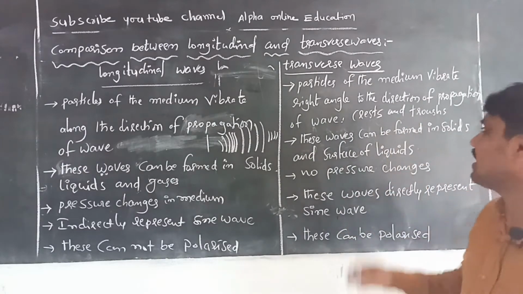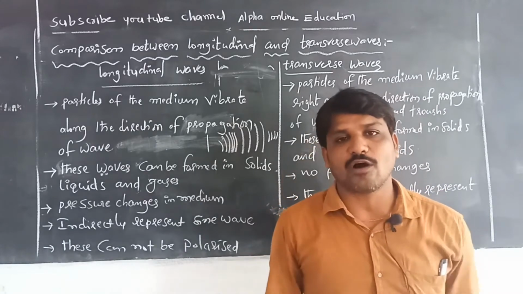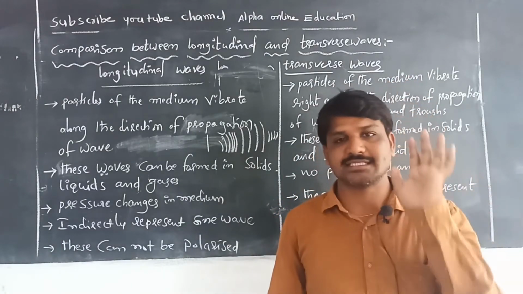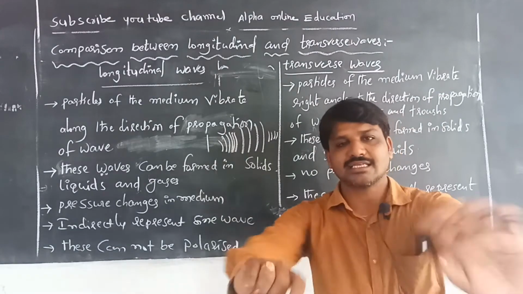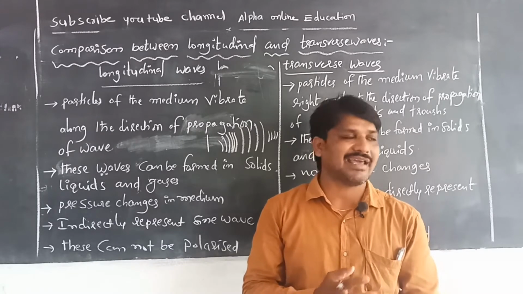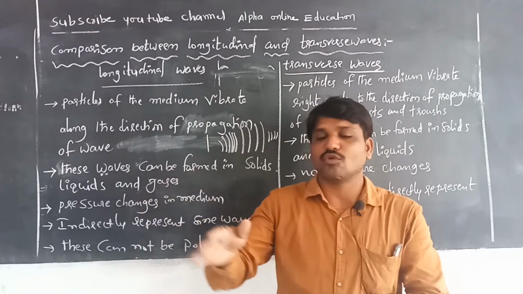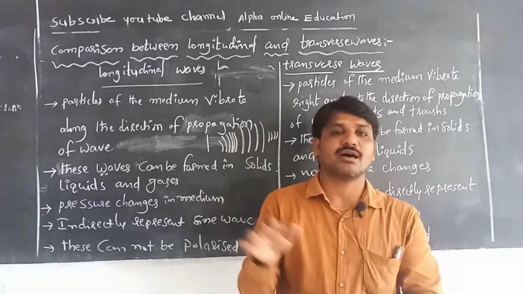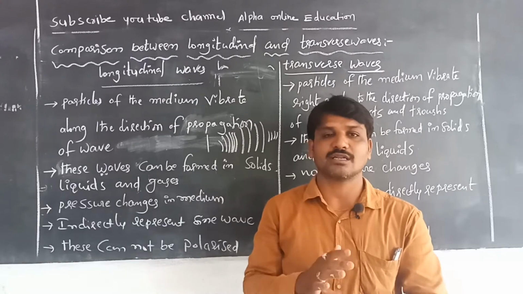This type of transverse wave is mostly formed in solids and on the surface of liquids. Why? Because only on the surface of a liquid will the waves be formed. We can see this in oceans or lakes. The water layers move only on the surface, but the rest of the water inside stays stationary.